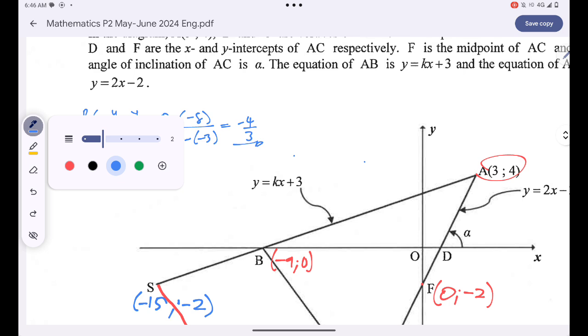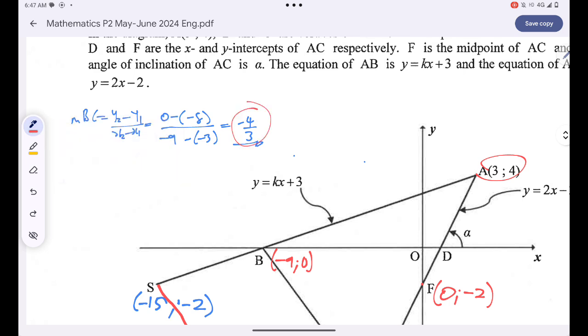So the equation that passes through S has that gradient as well. So the equation should be y equals mx plus c. But now I do know the value of m. M is just negative 4 over 3. All I have to find is the value of c, right? I can just substitute the extra point on the line. I know that y is negative 2 when x is negative 15.